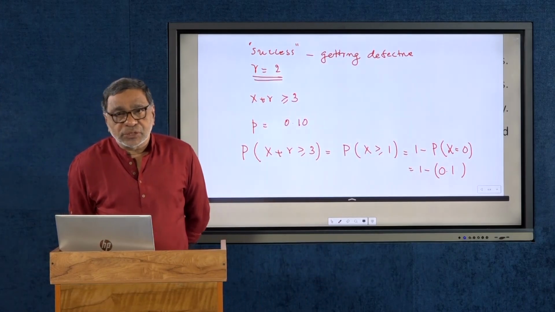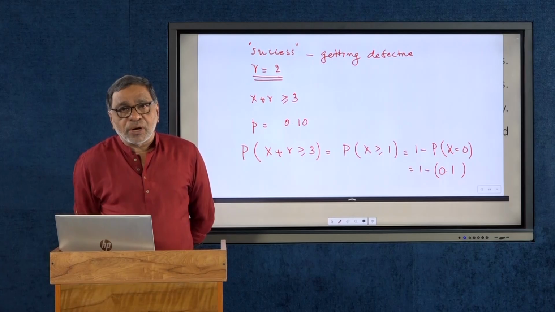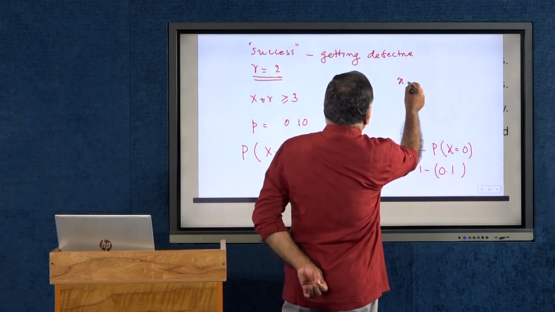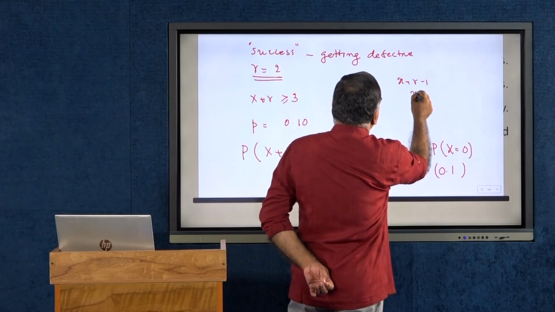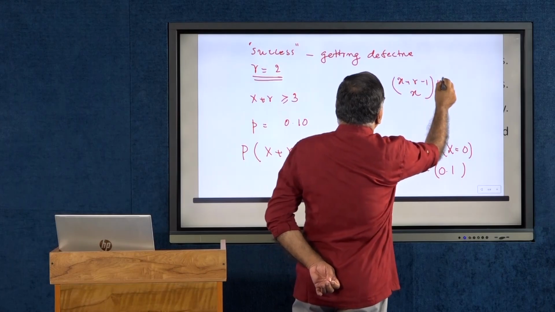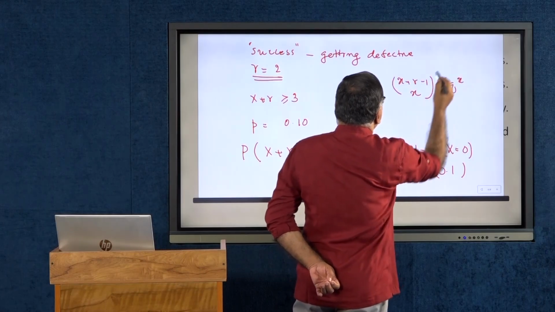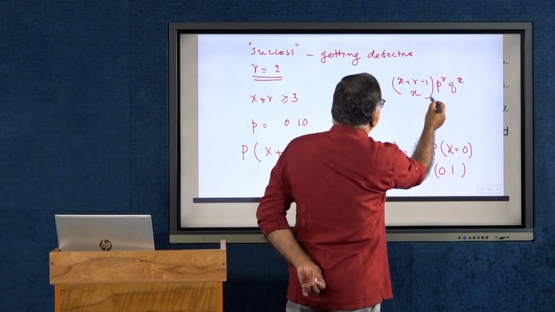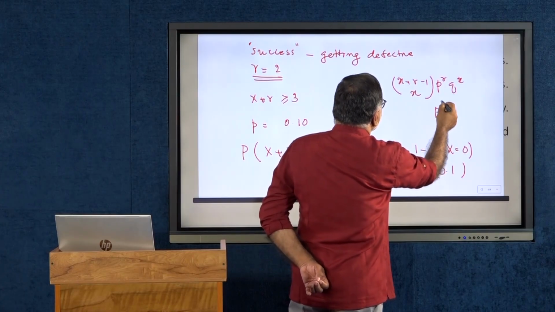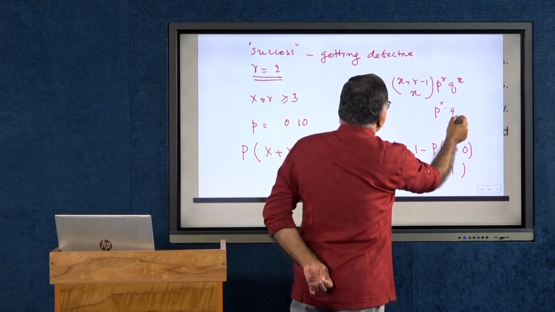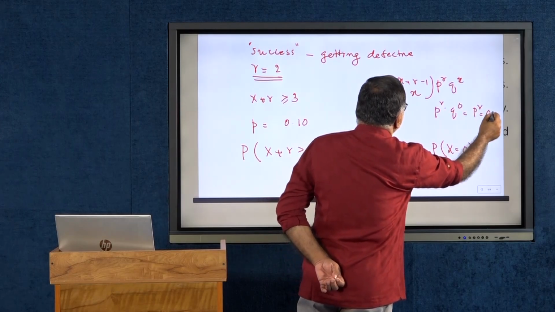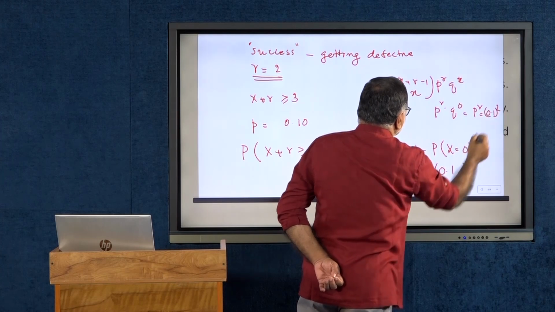Probability of x is equal to 0 is given by the formula x plus r minus 1 choose x, p power r, q power x. So, x is equal to 0 means r minus 1 choose 0, that is p power r, q power 0, that is p power r, that is equal to 0.10 the whole square.